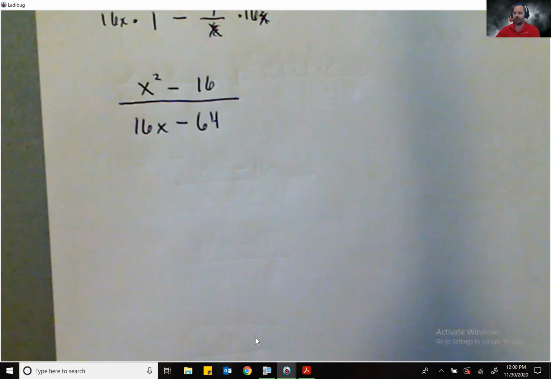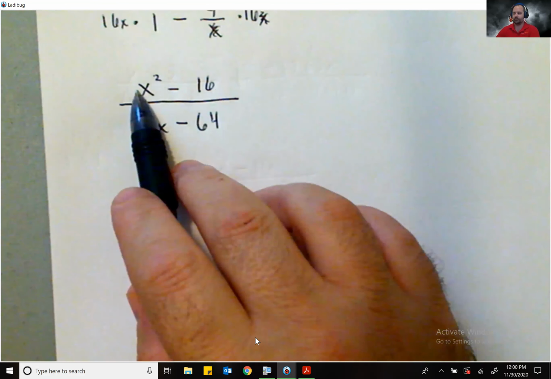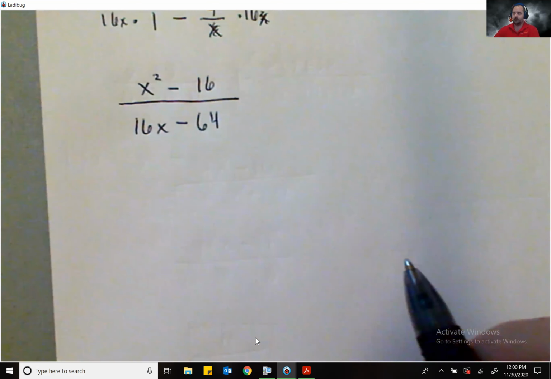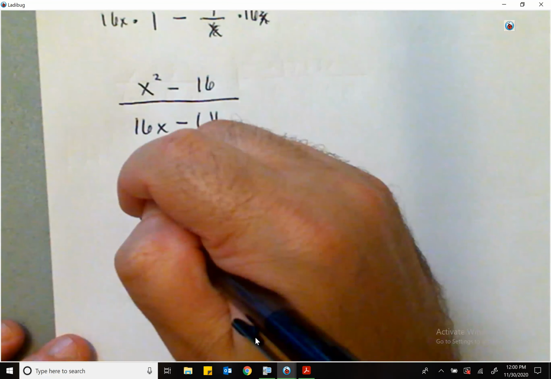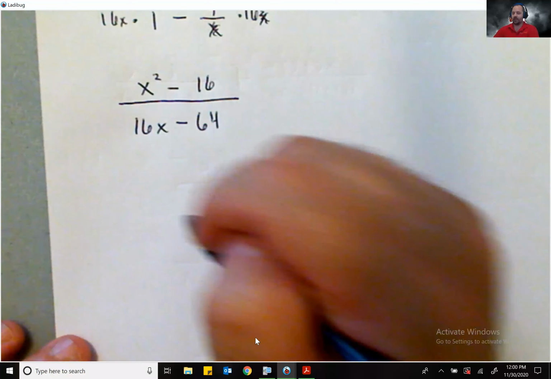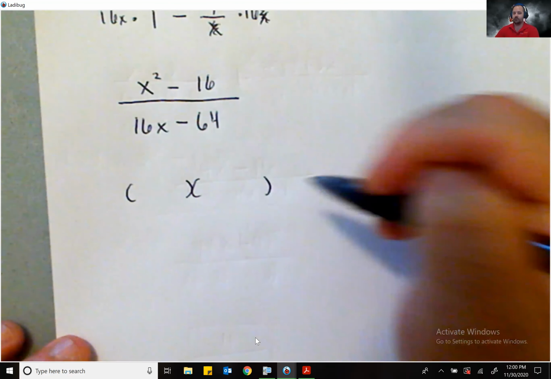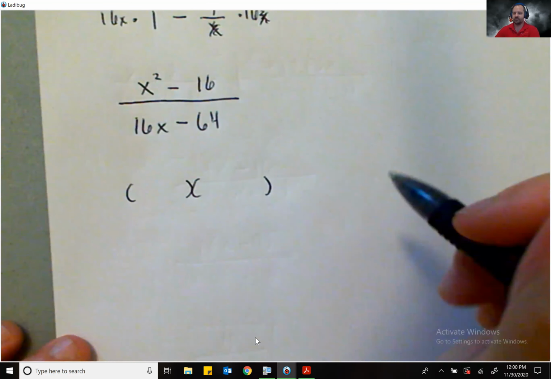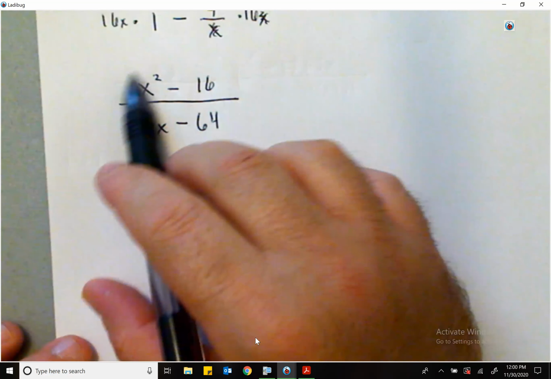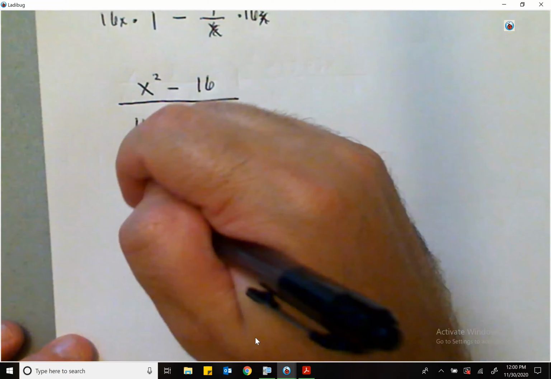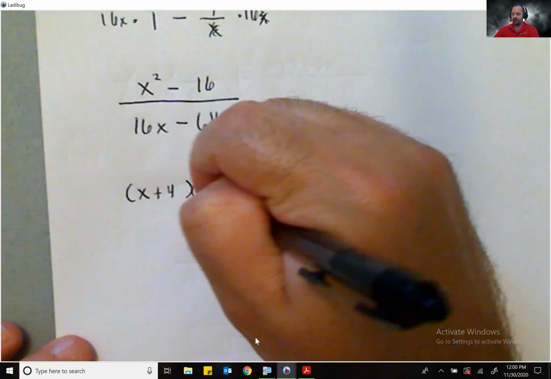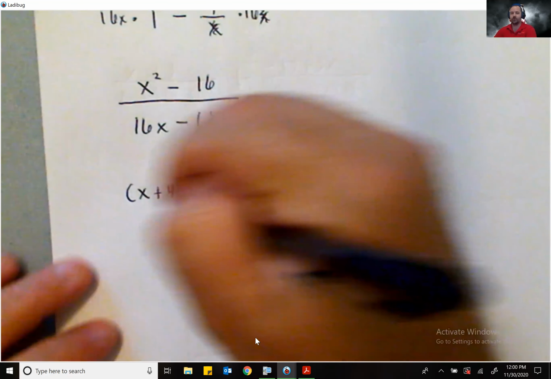So the x squared minus 16, what does this become? It's going to be two parentheses, because this is a difference of squares: x plus 4 and x minus 4. There's your numerator.